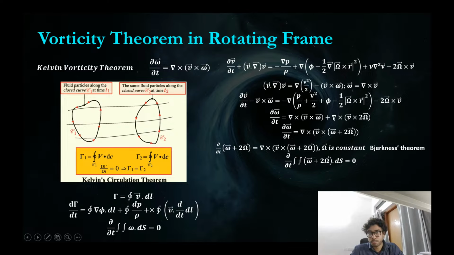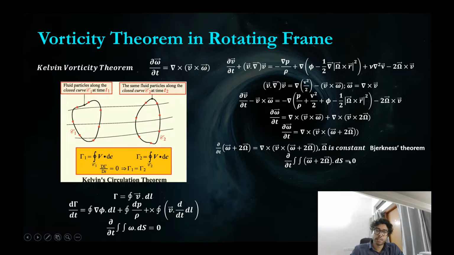We can club small omega and 2 capital omega, and this is how we write the equation. Now if you compare these two equations, you can see that small omega is replaced by small omega plus 2 capital omega. So this condition will be replaced by small omega plus 2 capital omega.